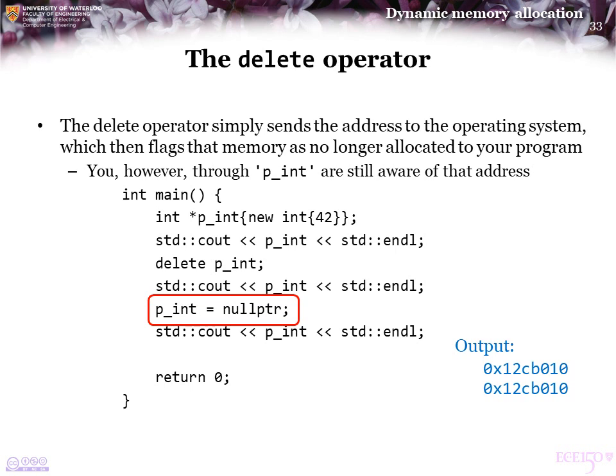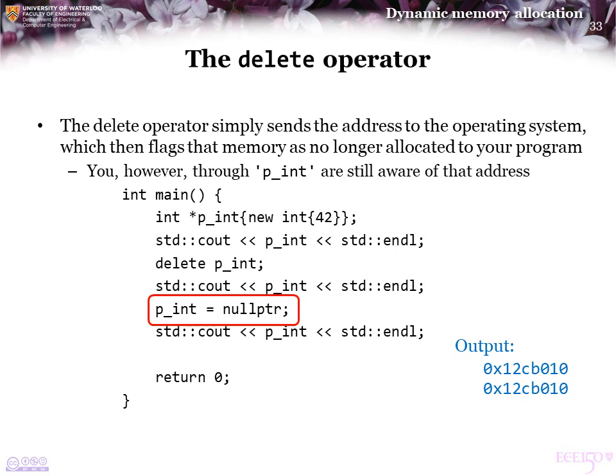What we need to do is we have to now forget that address. How do we forget what is stored in a local variable? We overwrite it with a new value, and that new value we're going to use is the keyword nullptr, which is essentially a 0 pointer.